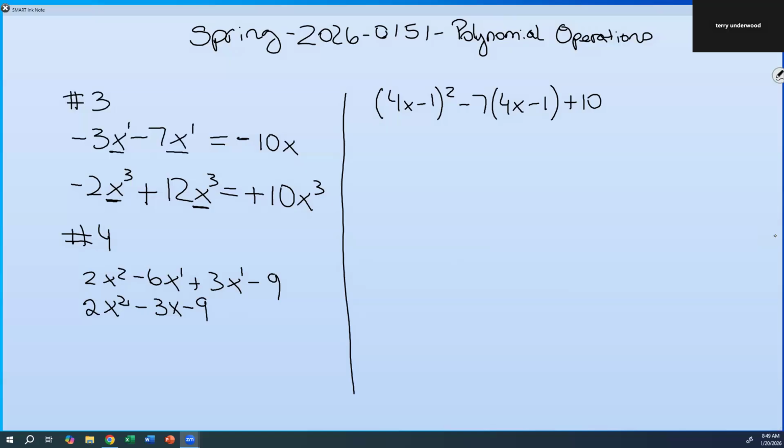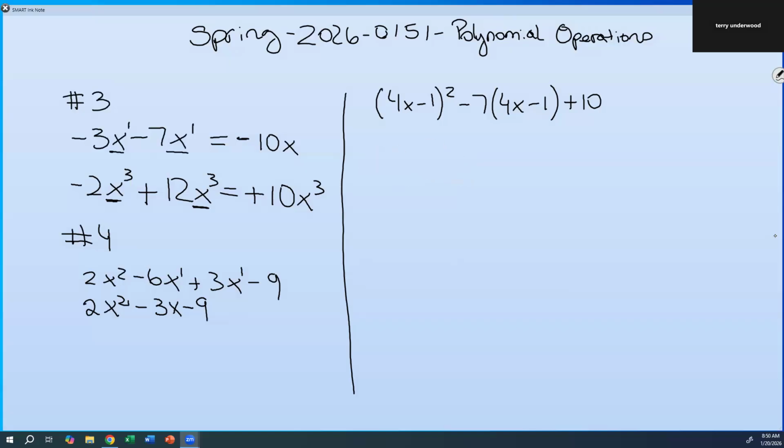The first parentheses don't have any number in front, but it is raised to the second power. Some students commit the mistake of saying that it is equal to 16x squared plus 1, because they say 4 squared is 16 and x squared is x to the second power, and negative 1 times negative 1 is plus 1, but that's not the answer.